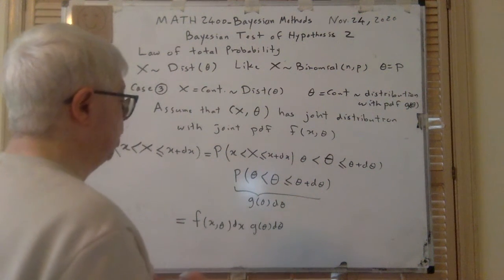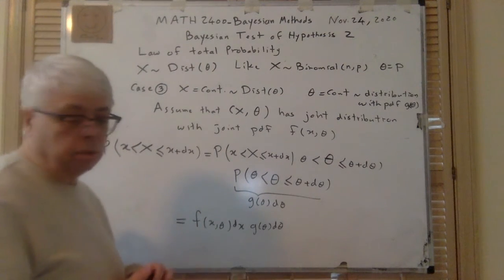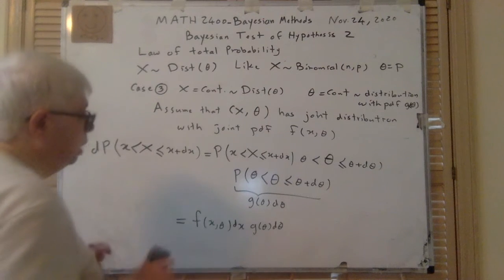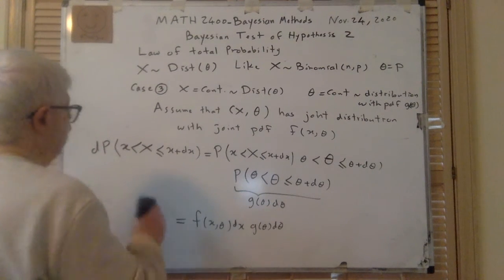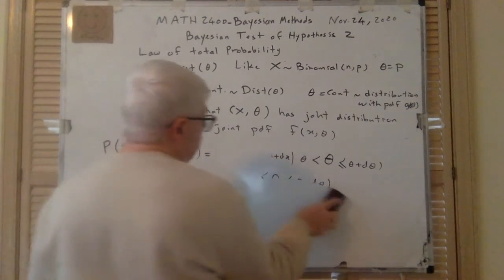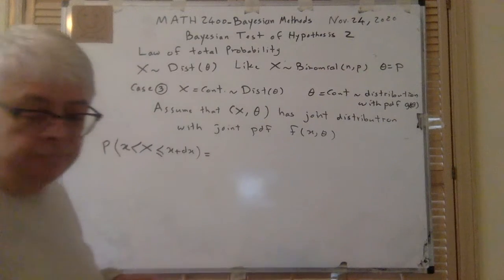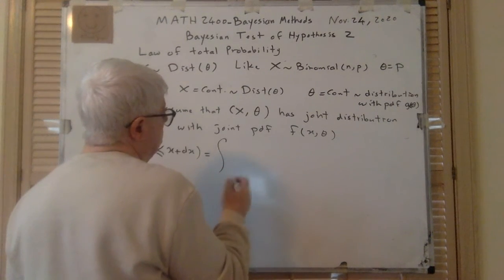So that is in fact dP, and the integral of this thing will give me this probability. It is a double integral, depending on which one goes first.